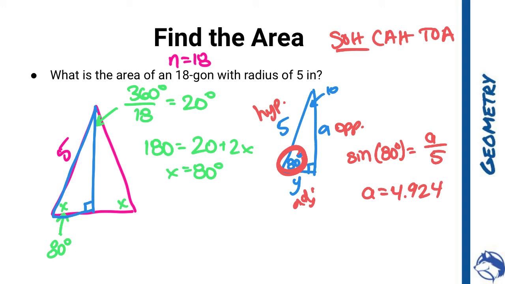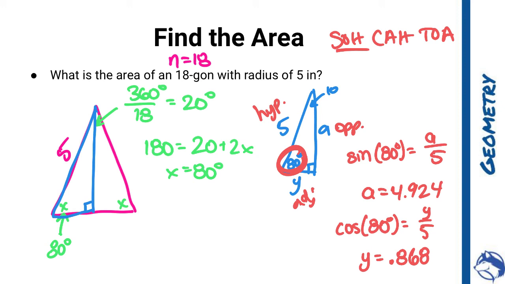And then when I do the other one, if I'm doing my adjacent and hypotenuse to find half of my side length, I get cosine of 80, because it's adjacent and hypotenuse, is equal to y over 5. So y is going to be equal to, so if I end up doing that, I get 0.868.